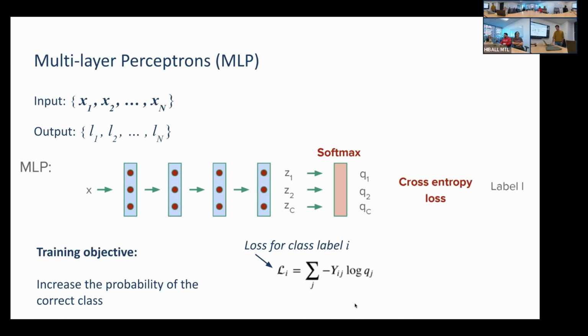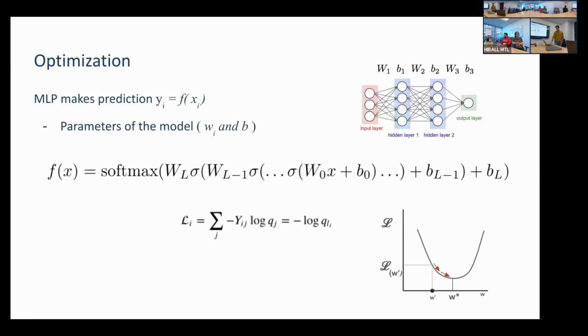Okay, that's the way it is defined. So for a correct class, this will be a low value because it's a loss, right? For a correct classification, it should have a very small loss value. But for an incorrect class, it will have a high value. You decrease the loss throughout training to force the model to do what we are interested in.